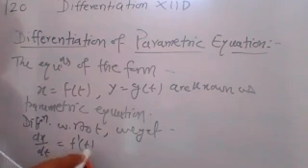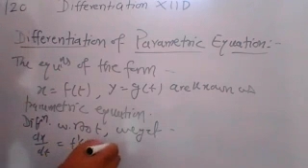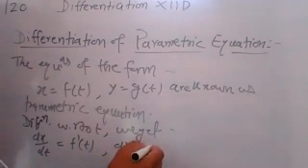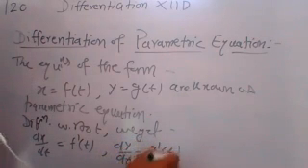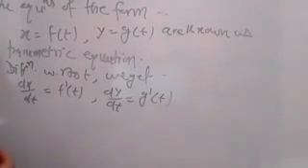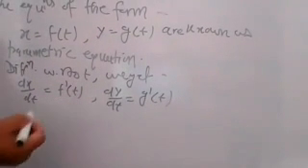Okay, so here I write f dash t. In the same way, here you have dy by dt is equal to g dash of t. Okay, but your aim is to find the value of dy by dx.